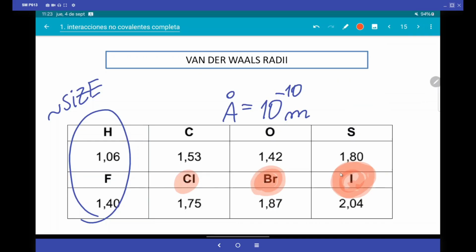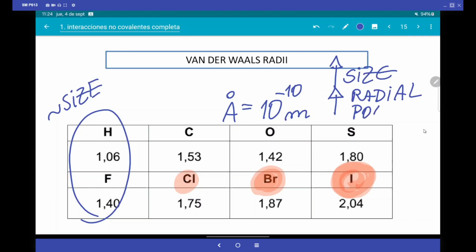Although very similar to bromine, there are also relatively large atoms such as sulfur, but oxygen and carbon are much smaller. When an atom is large, we can have greater radial polarization. Greater radial polarization means that the electrons can move on the surface of the halogen from one place to another very easily.